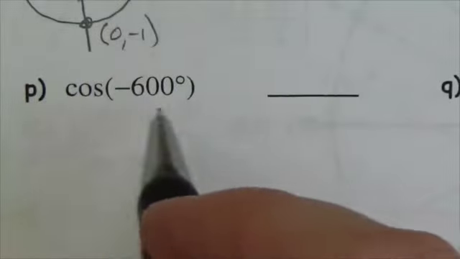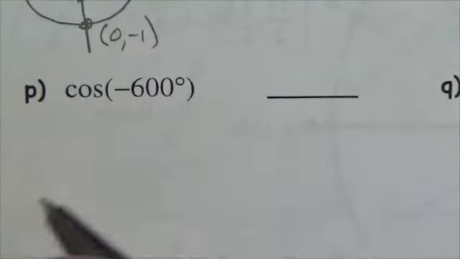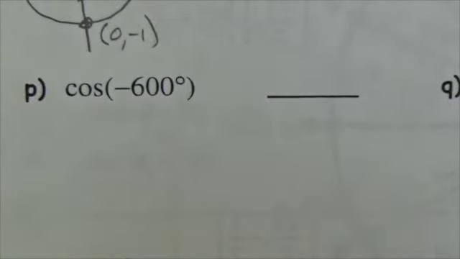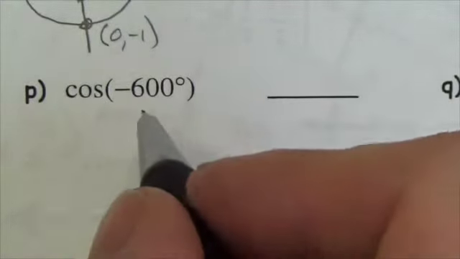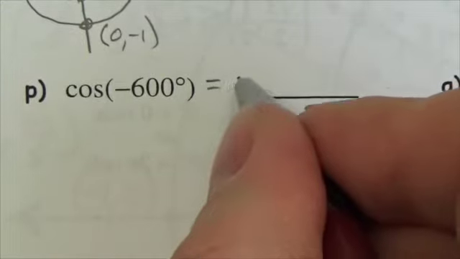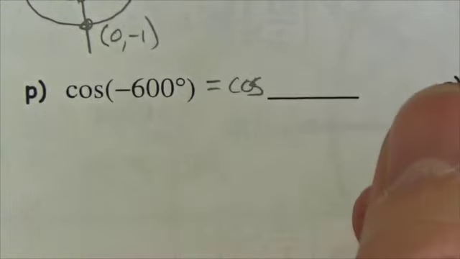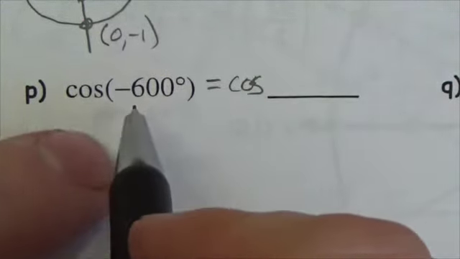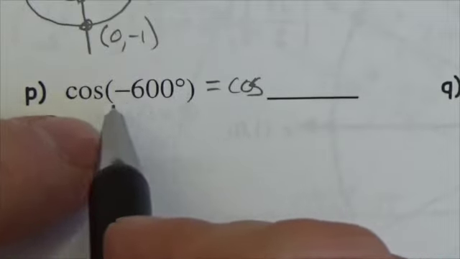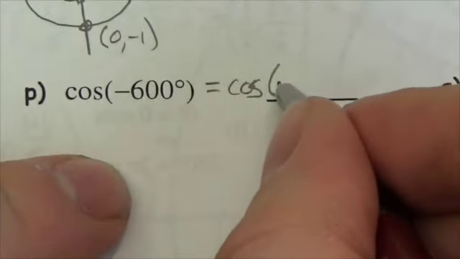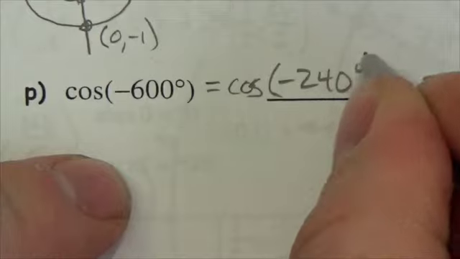The cosine of -600 degrees. Here's another example of an angle that's outside our typical domain. So what I've got to do is bring this back in. I'm going to add 360 to this. And when I do that, I get -240.